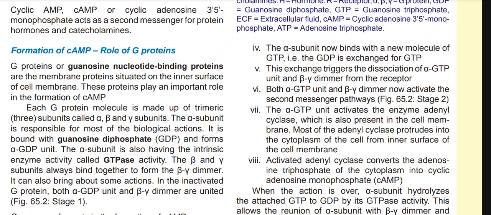Now both the alpha GTP subunit and beta gamma dimer activate the second messenger pathway, and the alpha GTP unit activates the enzyme adenyl cyclase, which is also present in the cell membrane.